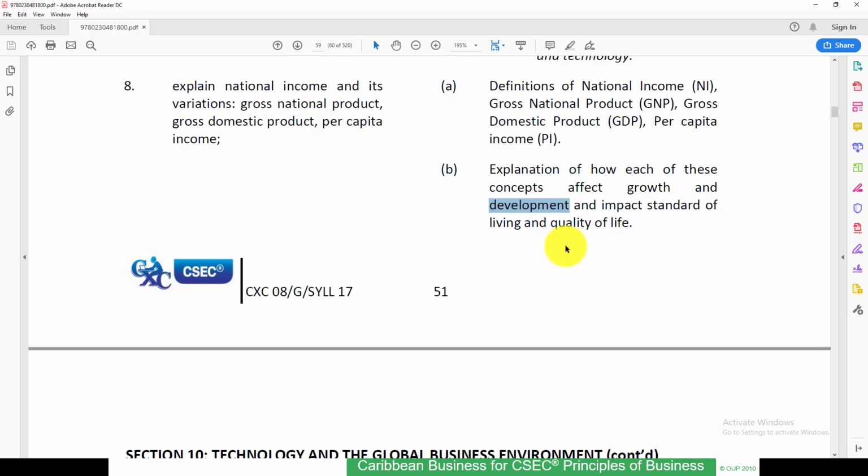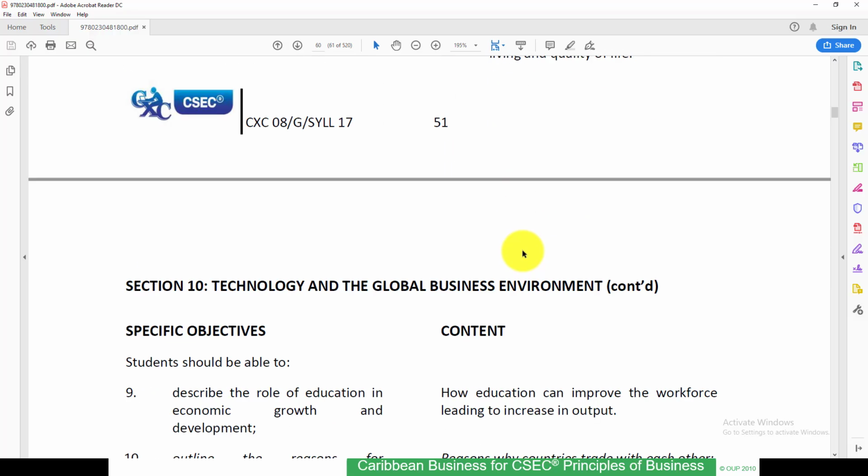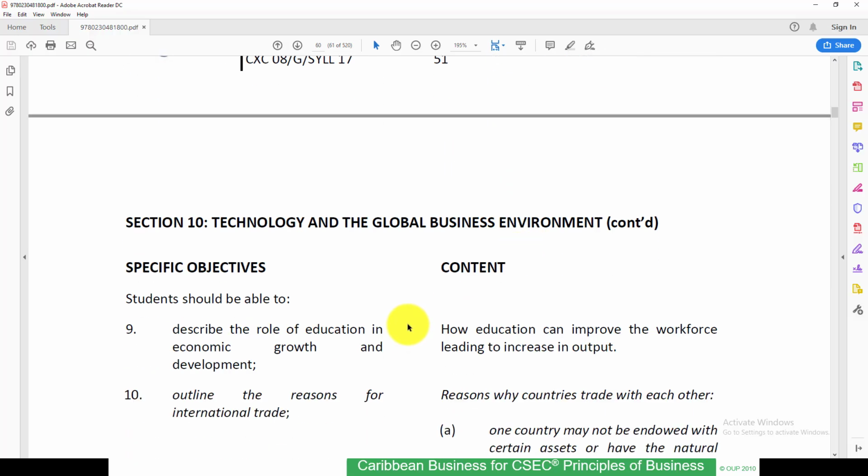GDP per capita means that the GDP is divided by the population of that country, and we know it doesn't really tell a true picture. Quality of life, of course, we said that development can lead to an improvement in the quality of life of a nation, of a country. So those concepts are pretty much covered.